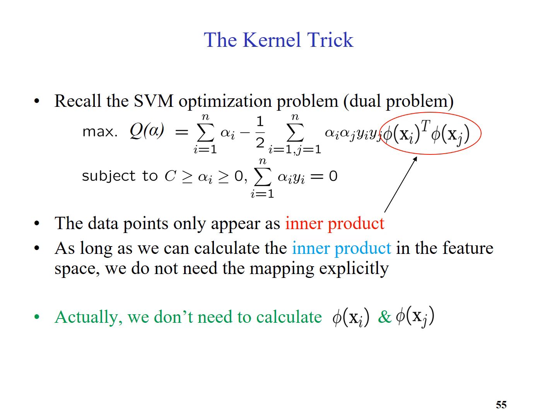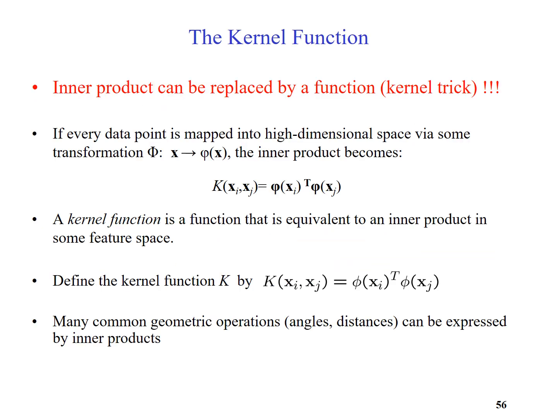In the previous slide, we needed to compute the inner product of the mapping in the dual problem, and that was impossible because we have no idea what these mappings are, because we don't know the dimension, the configuration, etc. So it is impossible to compute the inner product in the dual.